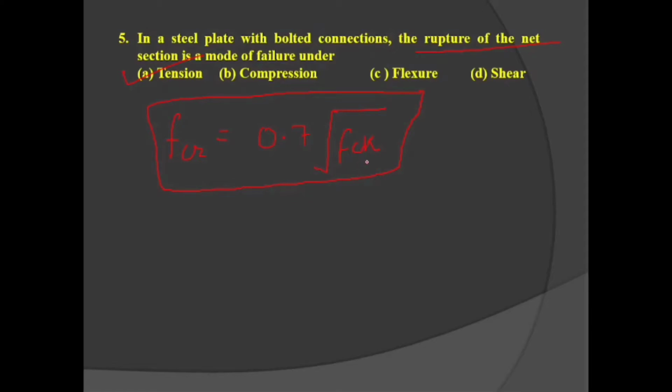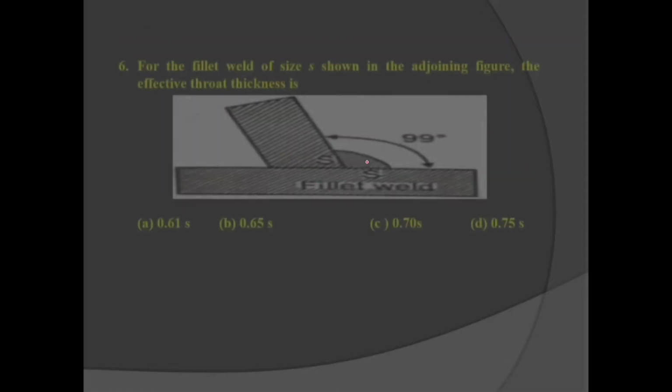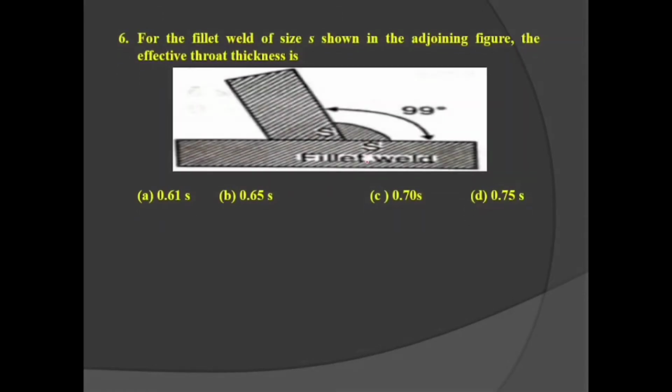Okay. So now let's discuss question number 6. For a fillet weld of size S, as shown in the adjoining figure, the effective throat thickness, my dear students, as we know, is equal to K into S, and the K value is equal to 0.7 when the angle lies between 60 degrees to 90 degrees.